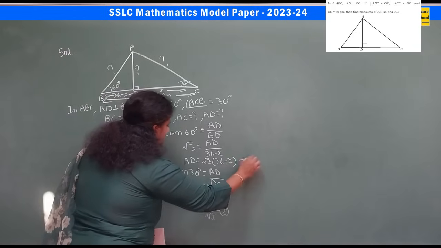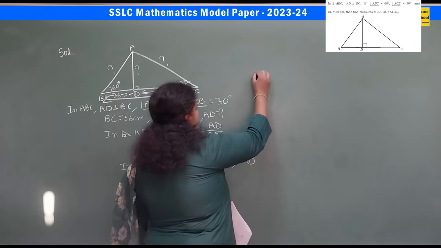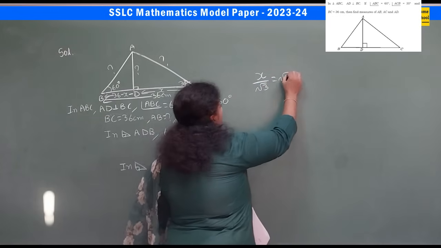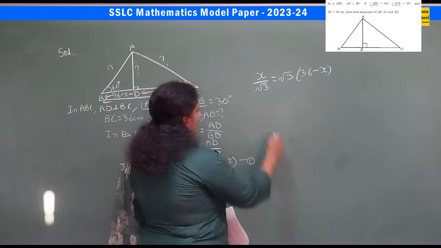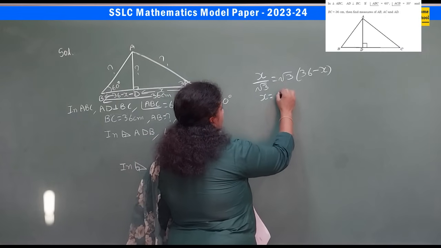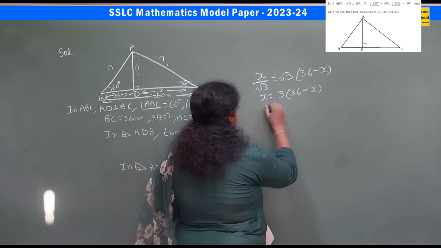Now equate these two. AD is same. That is X by root 3 is equal to root 3 into (36 minus X). Okay, send this root 3 to the other side. X is equal to root 3 into root 3, which is 3, into (36 minus X).